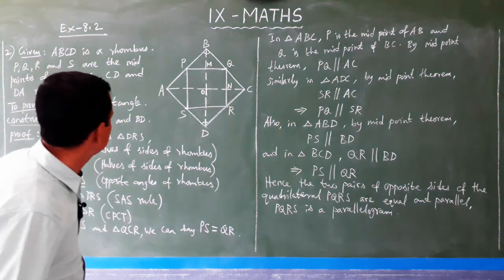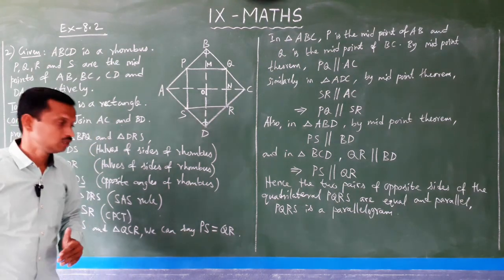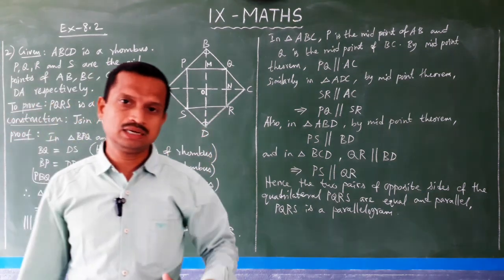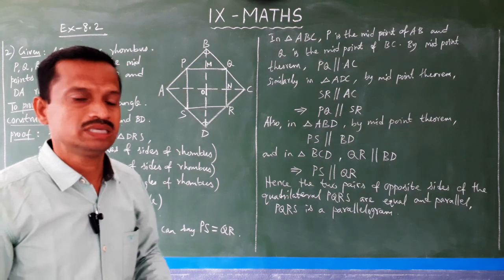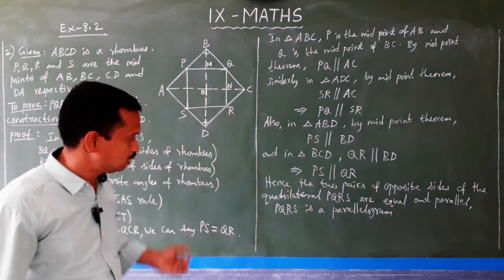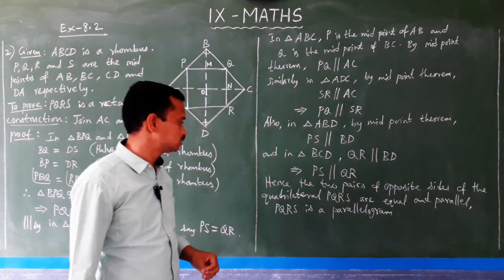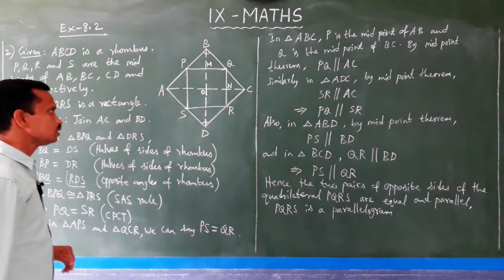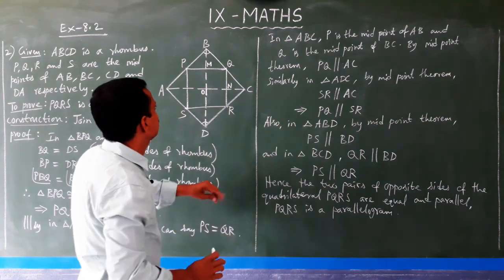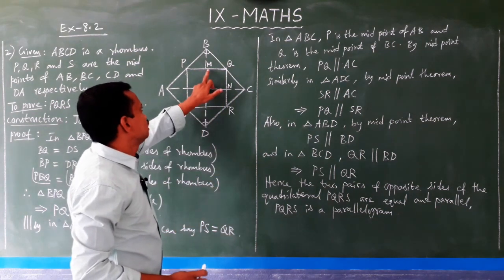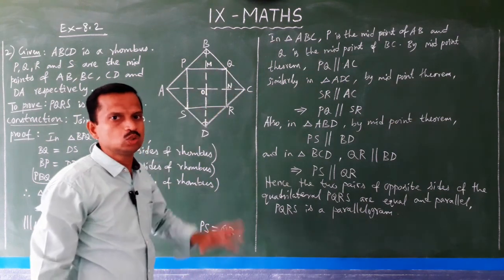So coming to the point, we have to say PQRS is a rectangle. A parallelogram becomes a rectangle if any one angle is equal to 90 degrees. So for that, we try to show that in PQRS any one angle is 90. For that, I am taking, you see, OMQN.